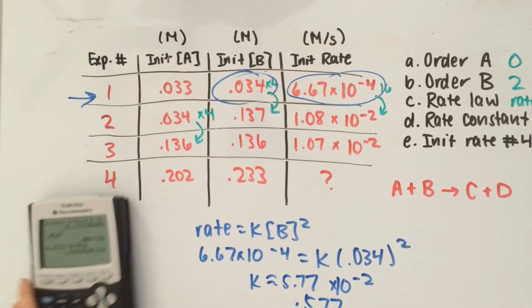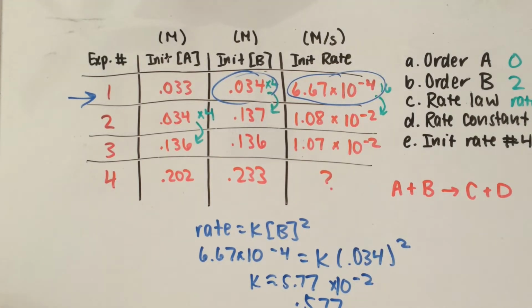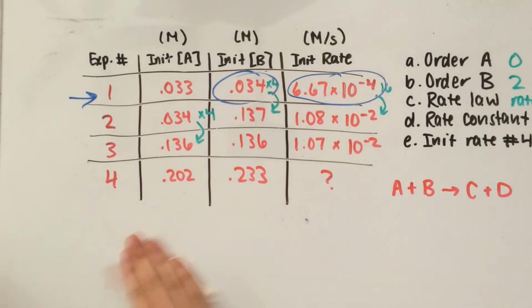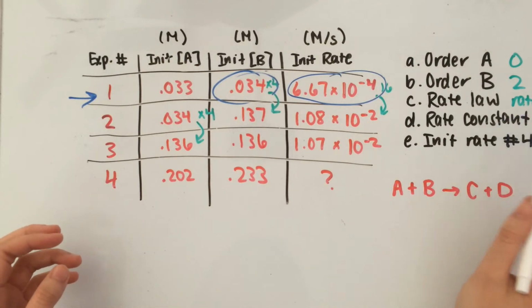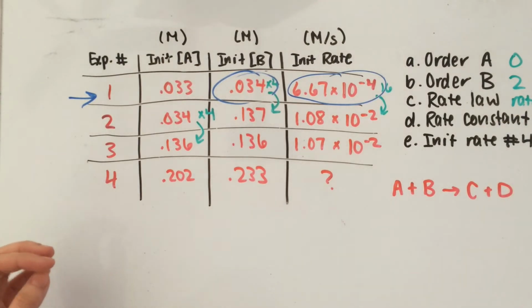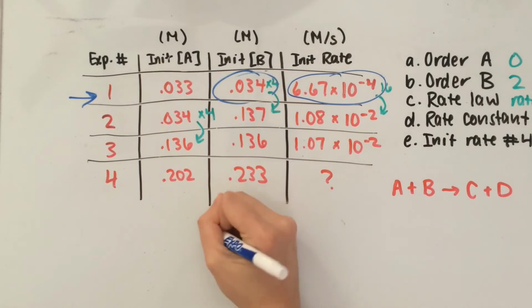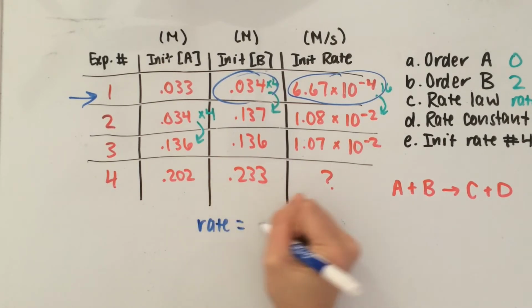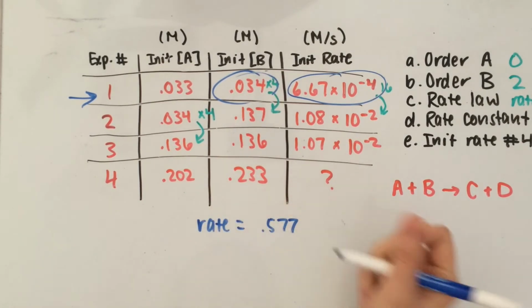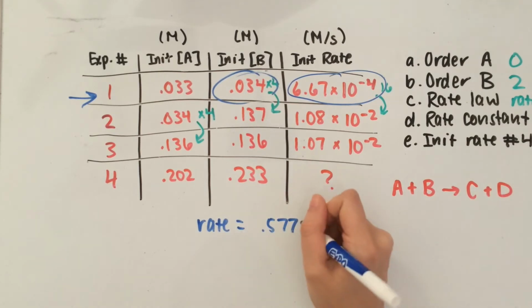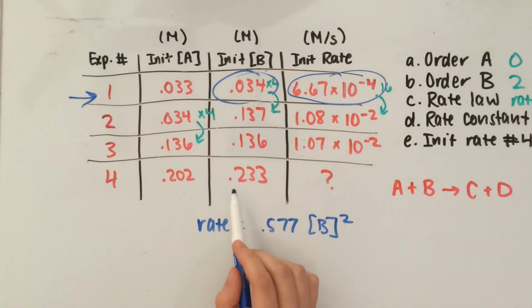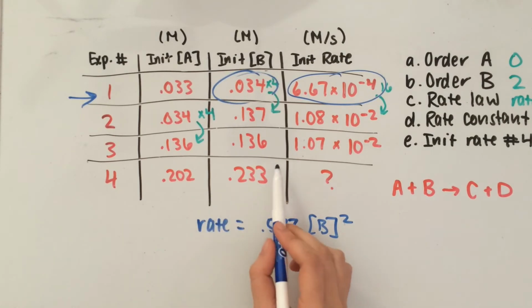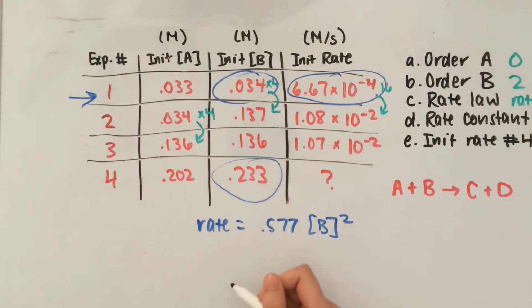And now all we have to do is calculate the initial rate of experiment number 4, which it doesn't give you in the table, so let's use the rate law and the rate constant that we just got. Rate equals 0.577, because that's what we got for k, times the concentration of B squared. In experiment number 4, the concentration of B is 0.233.